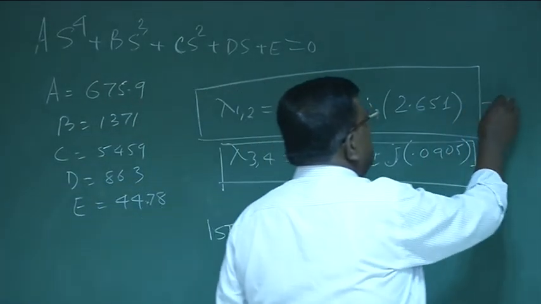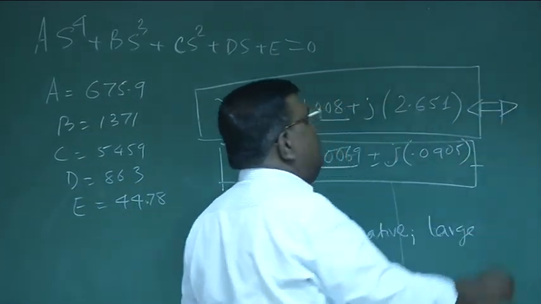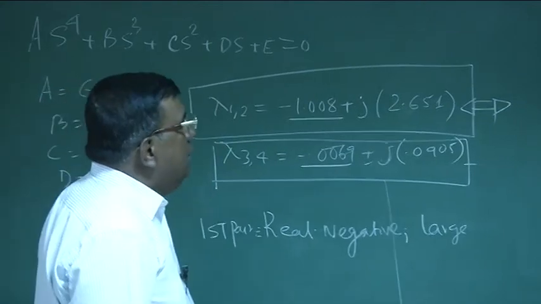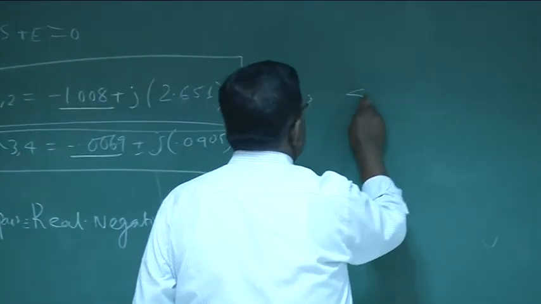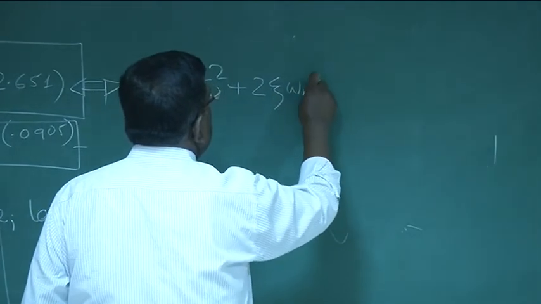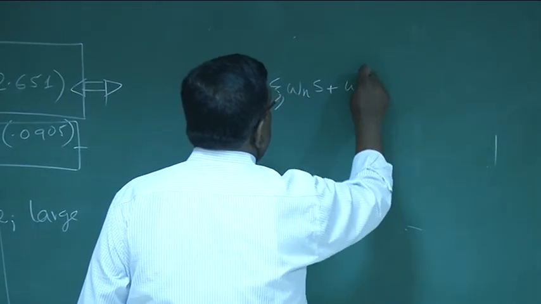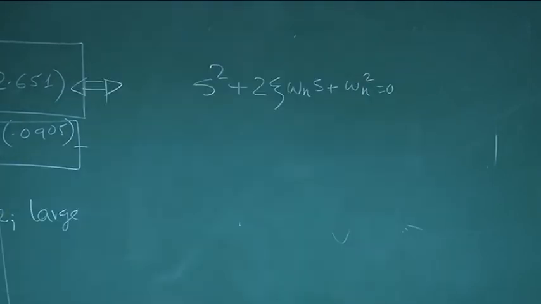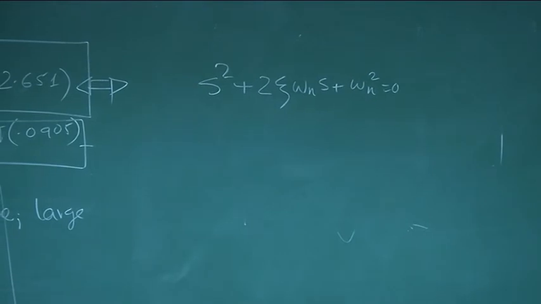Since I have seen this is a typical second order response, I write the characteristic equation as s square plus 2 zeta omega n s plus omega n square equal to 0. This is the typical second order characteristic equation in terms of omega n and zeta.